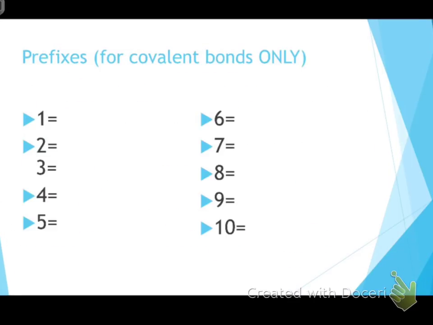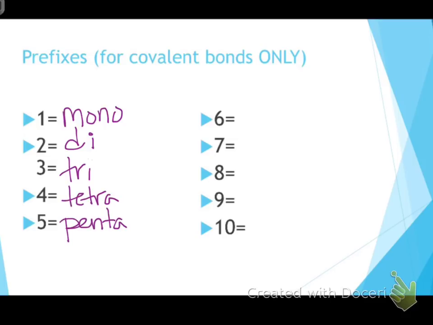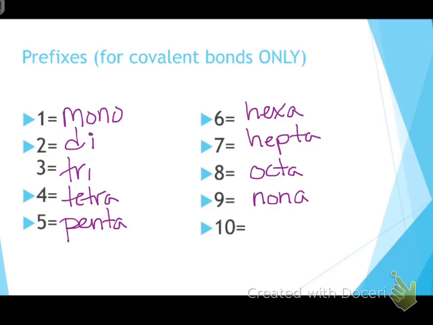Alright, prefixes for covalent bonds only. I think you did an activity in Miss Renner's room where you did prefixes. Mono, di, tri for 3, tetra for 4, penta for 5, hexa for 6, hepta for 7, octa for 8, nona for 9, and deca for 10.